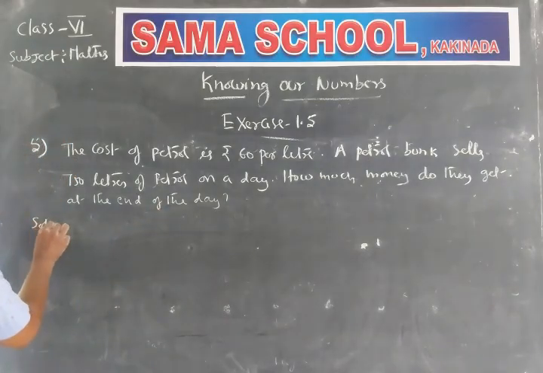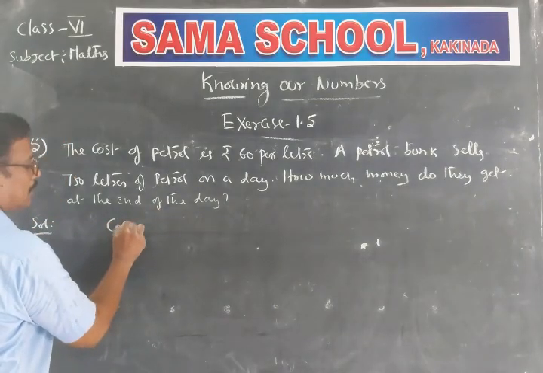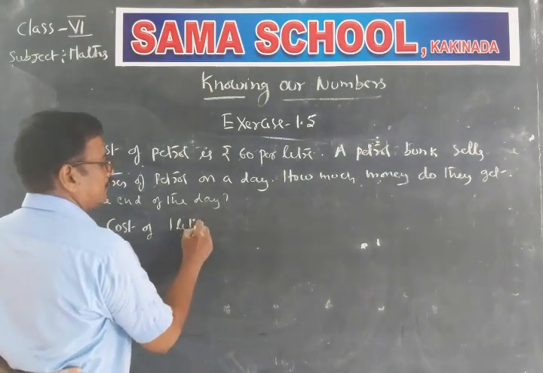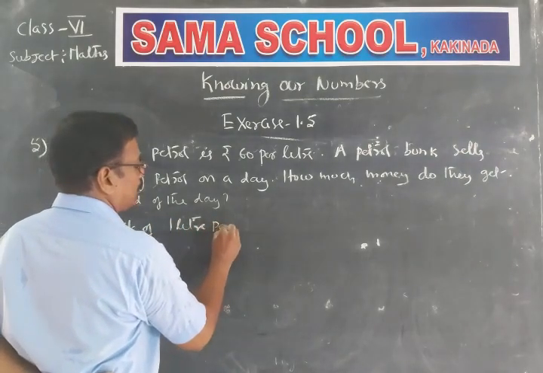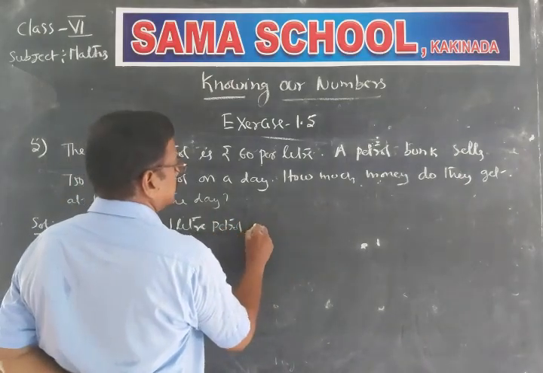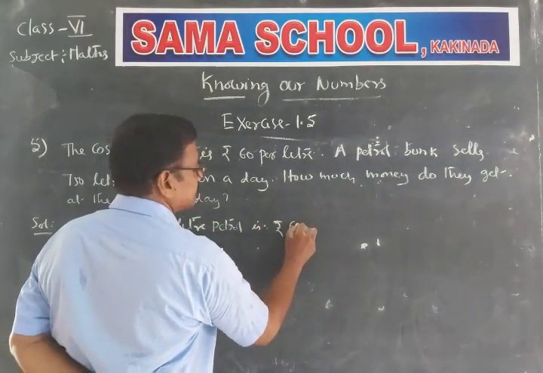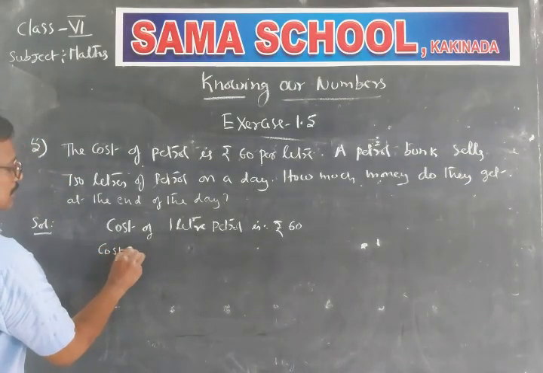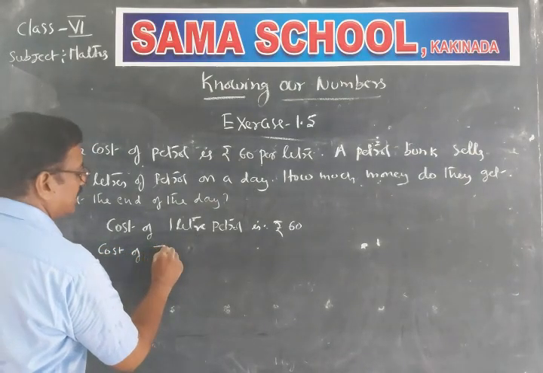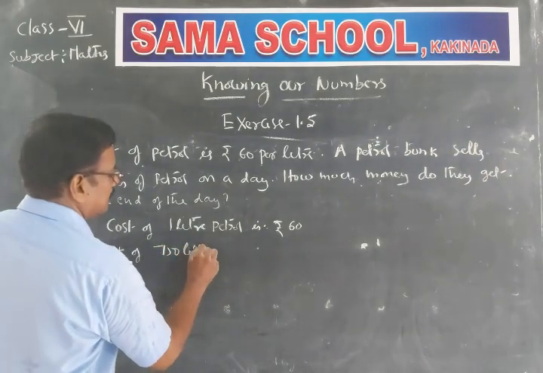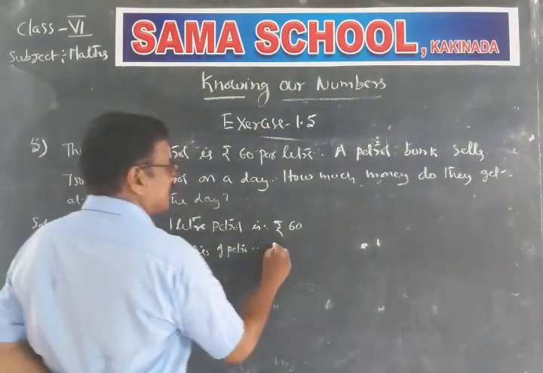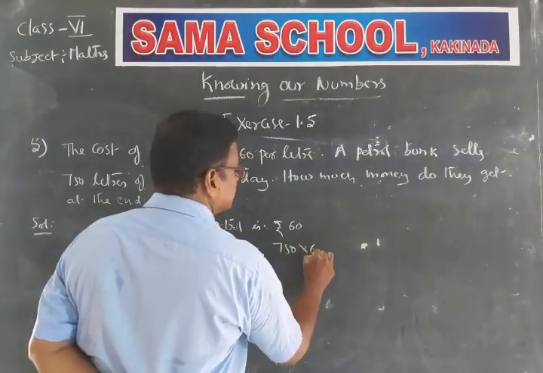What is the solution? The cost of 1 liter of petrol is 60 rupees. The cost of 750 liters of petrol is equal to 750 into 60.